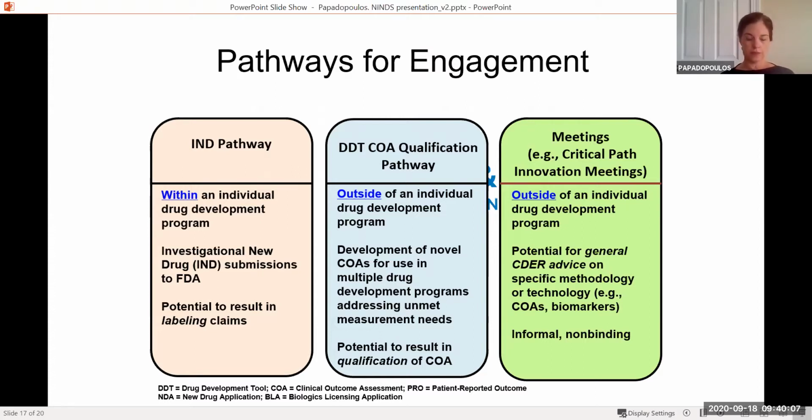Another pathway is through various meetings, such as critical path innovation meetings, where stakeholders can have informal discussion and receive general non-binding feedback from the FDA on specific methodologies or tools, including COAs or biomarkers.